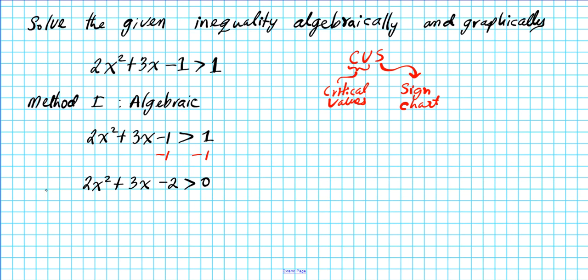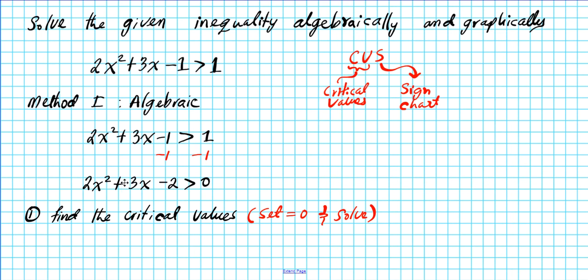Let's proceed with part 1 of the algebraic process, which is to find the critical values. So what are the critical values? These are what you get when you set your equation equal to 0 and solve. What x values cause the equation, when set to 0, to have an output of 0?